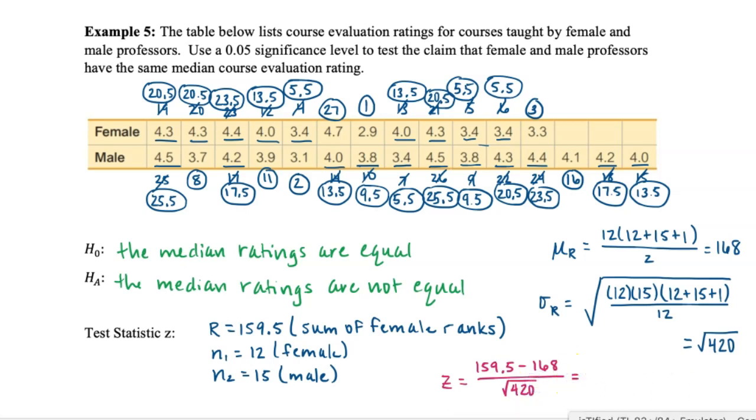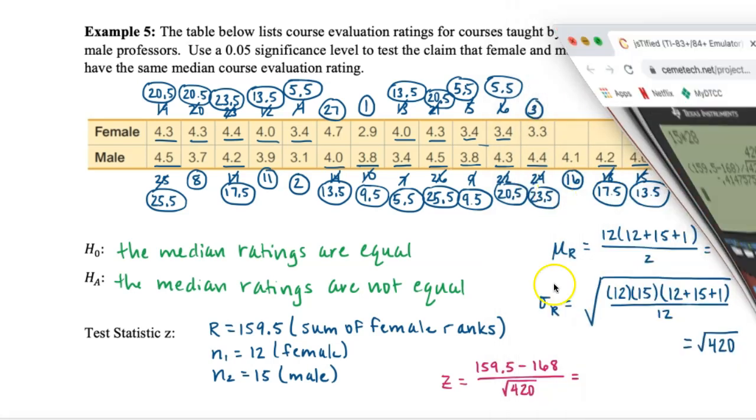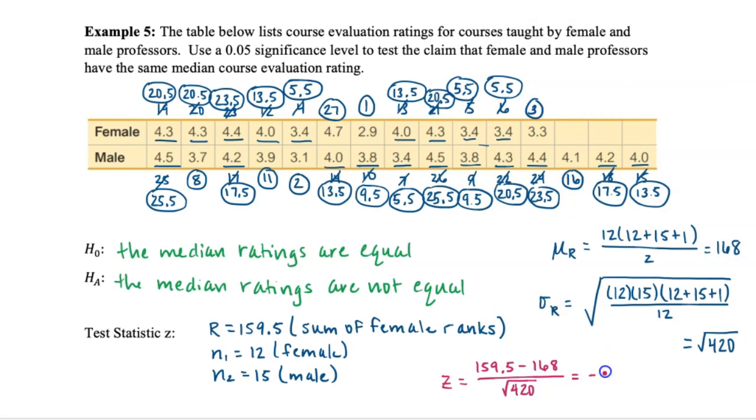And now this I can estimate because this is my z-score that I'm looking for. 159.5 minus 168 divided by root 420. And this is negative 0.415. Because this is a z-score, I'm just going to round this to 2 decimal places, so negative 0.41. All right, I've got my z-value.